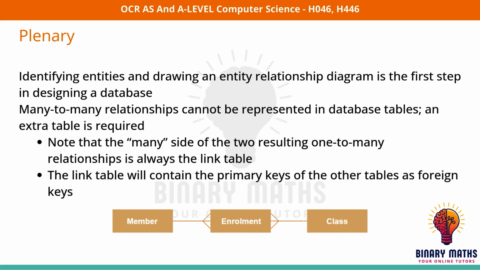We looked at practical examples like a gym database and a subscription service to see how these concepts work in real-world scenarios. So there you have it, a comprehensive introduction to databases. I hope this video has helped you understand the key concepts and how they all fit together.